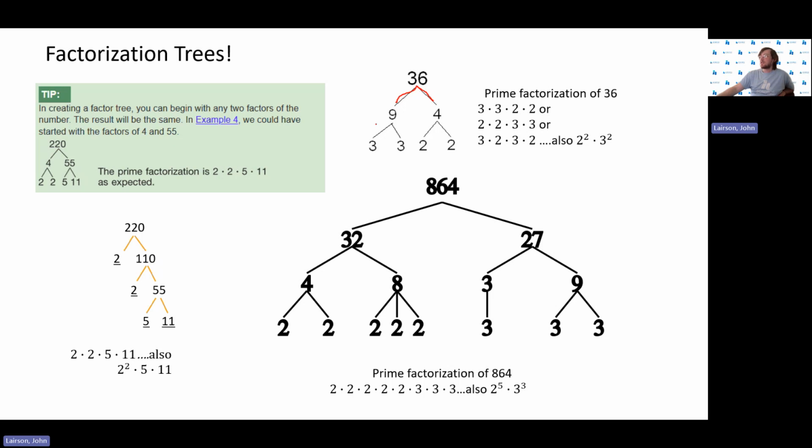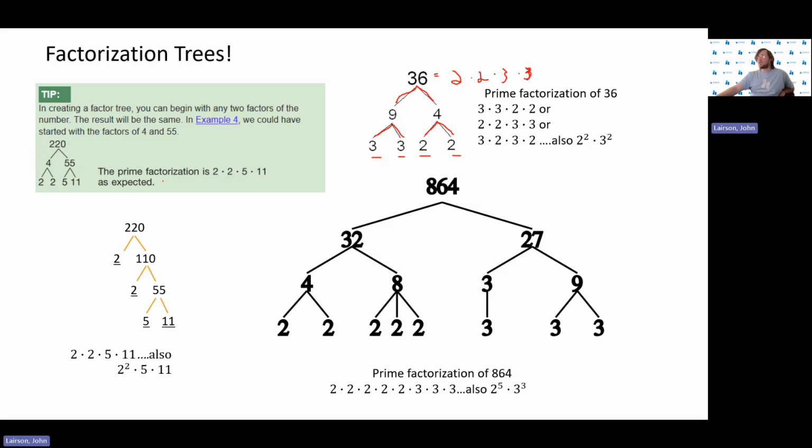So I'll do 36 as it's shown, and then I'll show you how I probably would have looked at it. 36 can be broken up into 9 times 4. 9 is not prime, so let's break that one up. That is 3 and 3, which are primes. Let's go back to 4, which wasn't prime either, so we need to keep going with 4, which is 2 times 2, which are all primes. So this is 2 times 2 times 3 times 3, 2 2s and 2 3s.